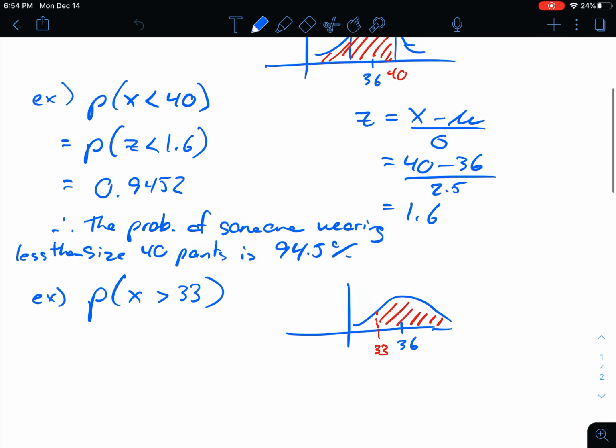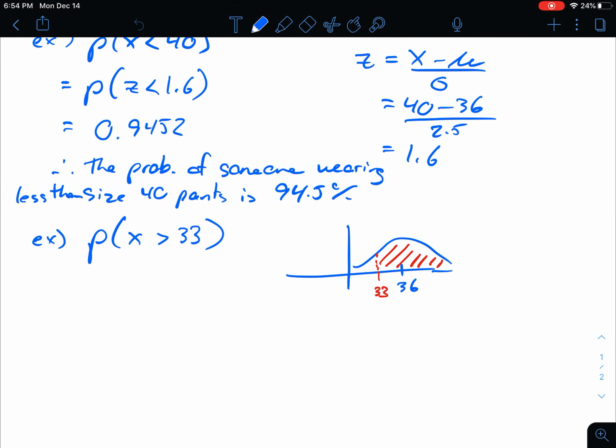So these are always the area less than the values that are shown. So for this question, the very first thing I'm going to do is rewrite this. The probability of x greater than 33 is going to be the same as 1 minus the probability of x less than 33. So instead of solving this red version that I have here, here's 36, here's 33.